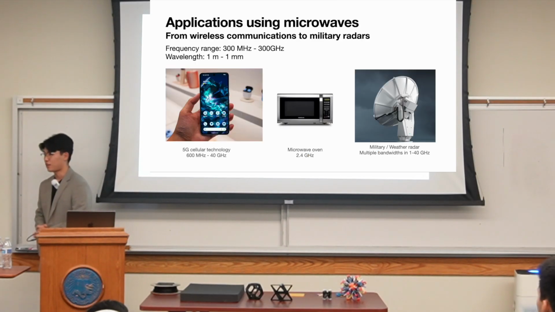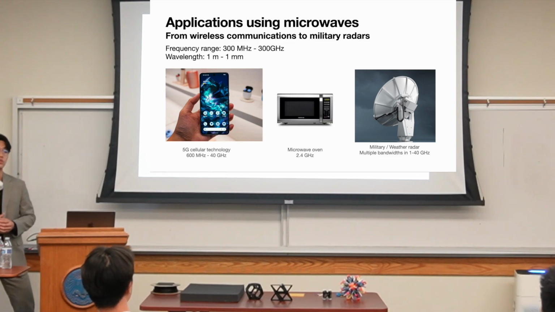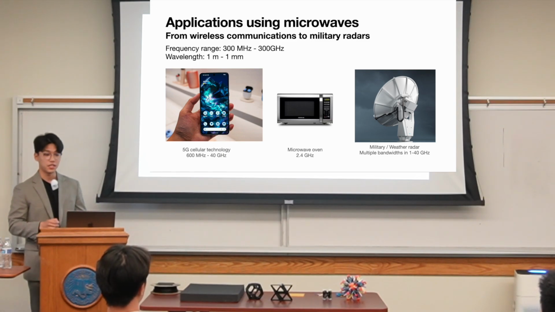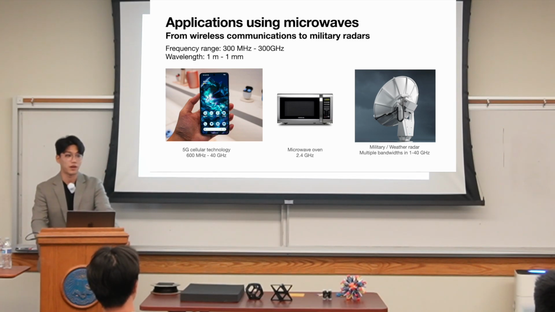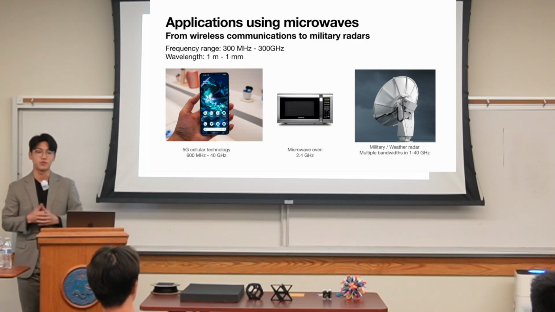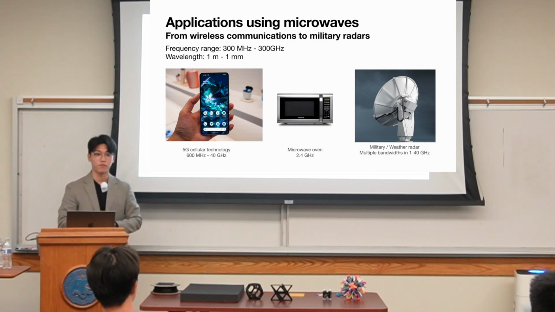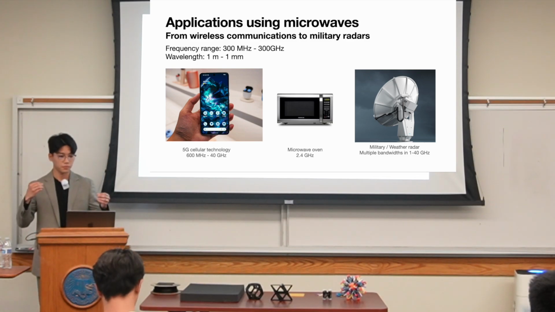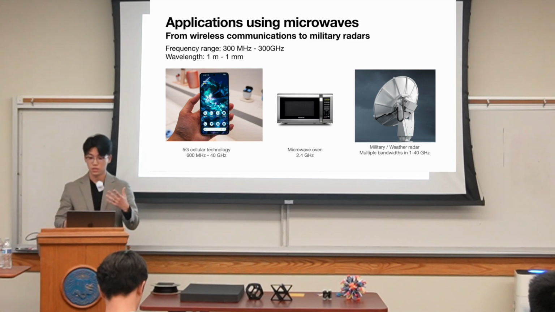And why are we talking about microwave? Because this is the frequency range that's used a lot in our life. For example, your smartphone uses a 5G network that's also a type of microwave. And also the microwave oven that we use a lot, even some of you might use it for heating up your lunch, uses 2.4 gigahertz to oscillate the water inside the food to heat it up.